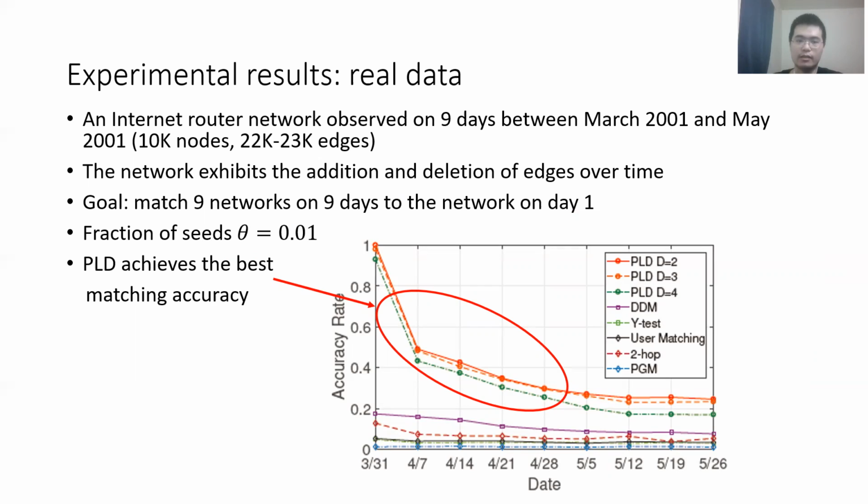The initial seed set is obtained by including each true pair independently with probability theta equal to 0.01. We can see that our PLD algorithm with optimal gamma again significantly outperforms other algorithms. Note that the accuracy rates for all algorithms decay in time because over time the graphs become less correlated with the initial one on March 31st.